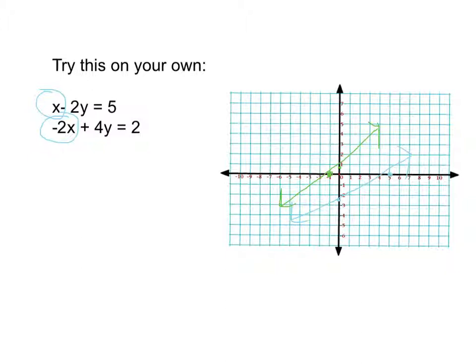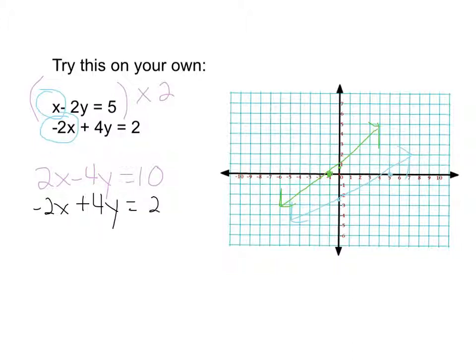So if we go back to talk about numbers that we could multiply, if we multiplied 2 times that top equation, we'd get 2x minus 4y equal to 10. And the bottom equation would stay the same: -2x plus 4y equals 2.